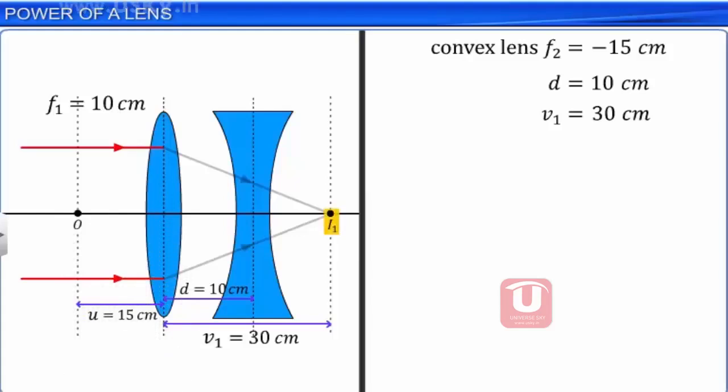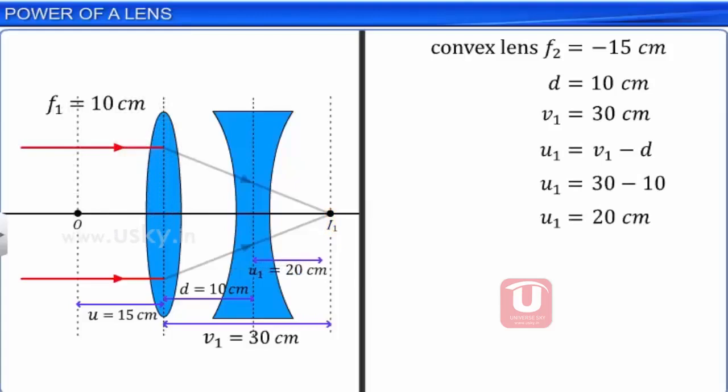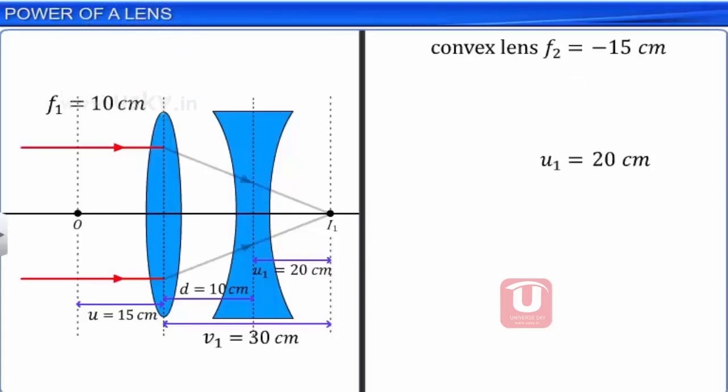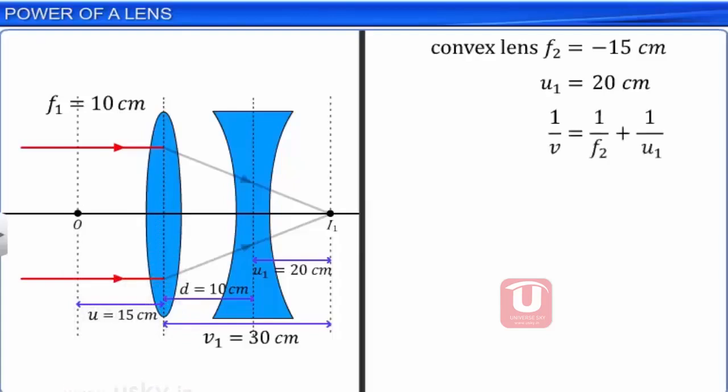If the final image is at a distance V from the concave lens, then 1/V is equal to 1/F2 plus 1/U1, or V is equal to U1 F2 / (U1 plus F2). On substituting the values of U1 and F2 and solving for V, we get V as equal to minus 60 cm.